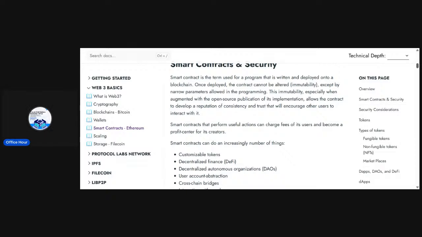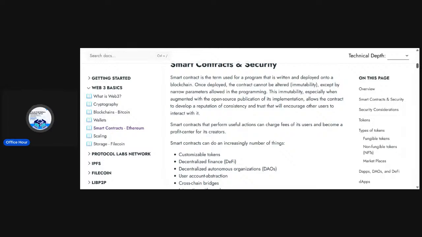It's immutable. When it's augmented with open source validation of integration, it allows contractors to develop a reputation of consistency and trust that will encourage other users to interact with it. Smart contracts help to perform useful actions that can charge fees to their users and become profits for the creators as well.